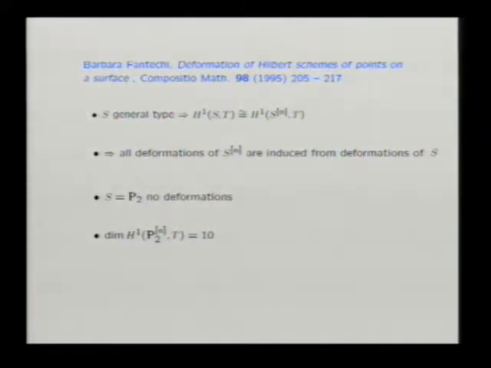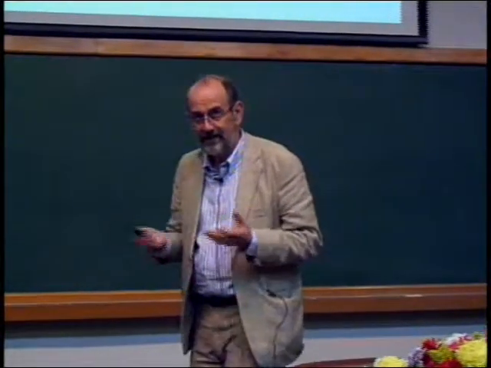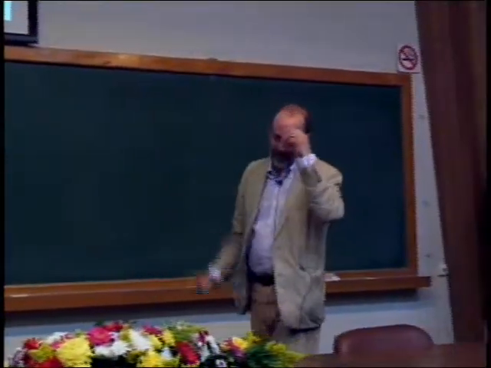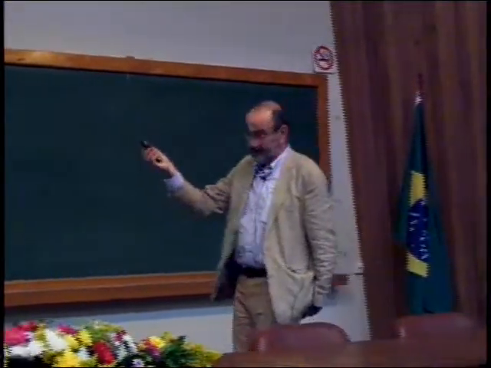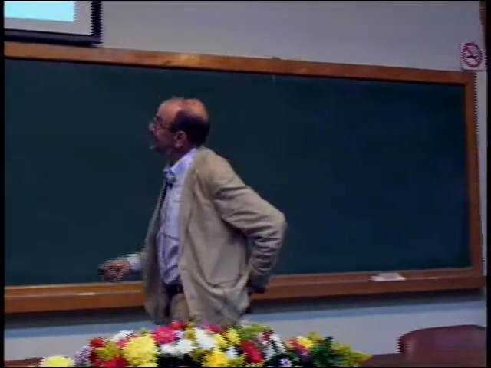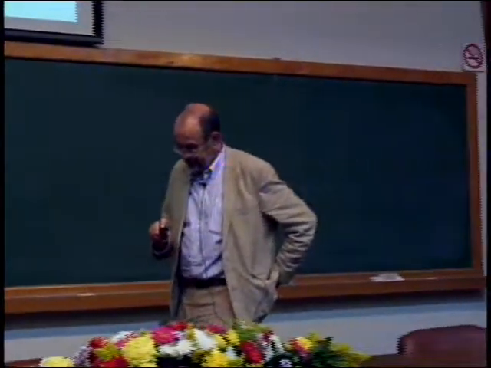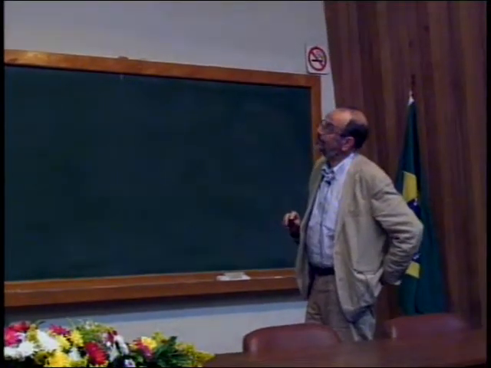And so two questions arise: why is that true, and how is that true? What is this new type of deformation of this Hilbert scheme, which doesn't occur for a surface of high degree, but something's going on for P2, and for other surfaces, which is not happening for a surface of general type? So that's the puzzle, if you like, that I want to try and address.